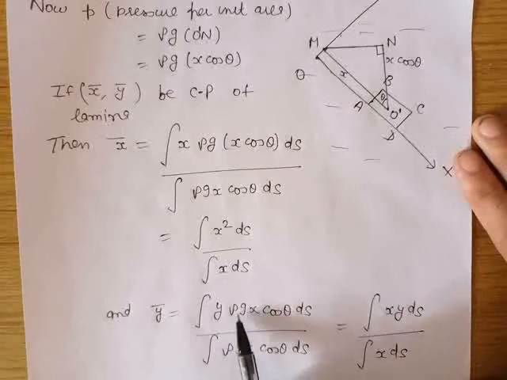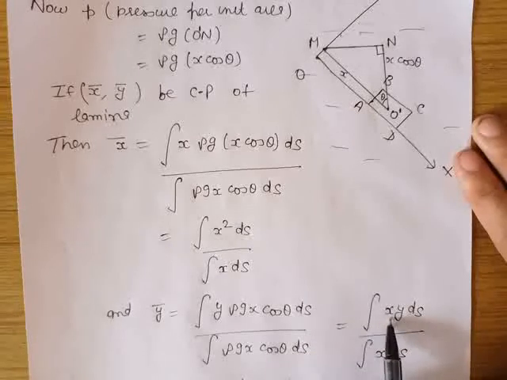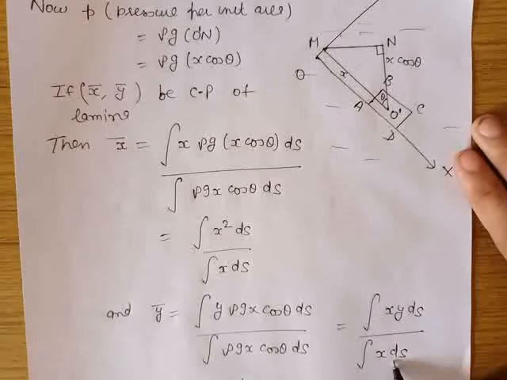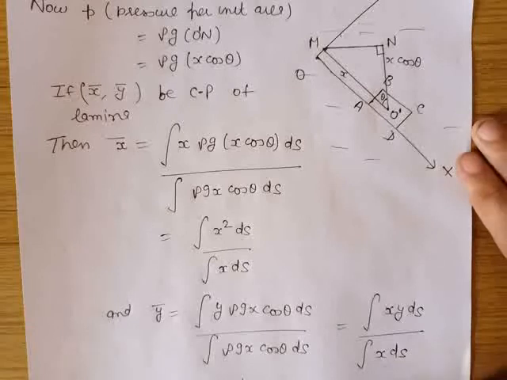Now again, rho g cos theta is cancelled out. So we are left with integral x y dS upon integral x dS. We can see that both x bar and y bar are independent of theta. So we have proved that the center of pressure is independent of inclination of the plane area to the vertical.